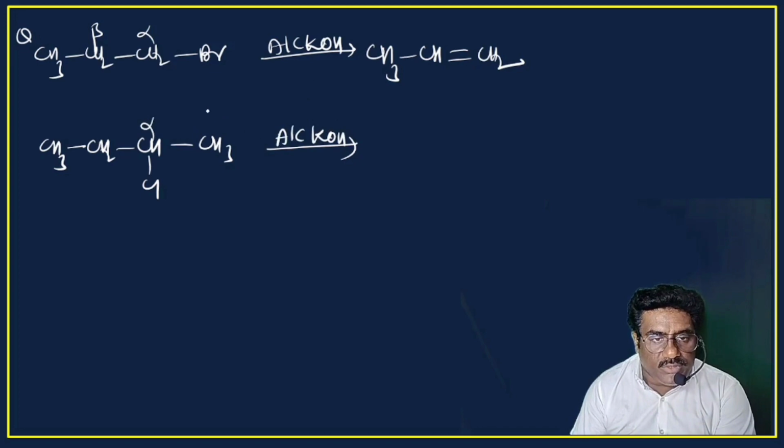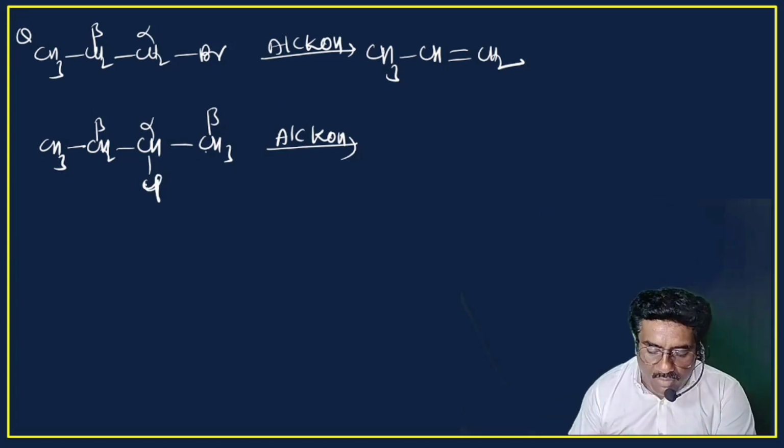This is the alpha position, and this is the beta position. Here two beta positions are there, so two alkenes are possible. First from this hydrogen, after that from this hydrogen, I am writing the products.